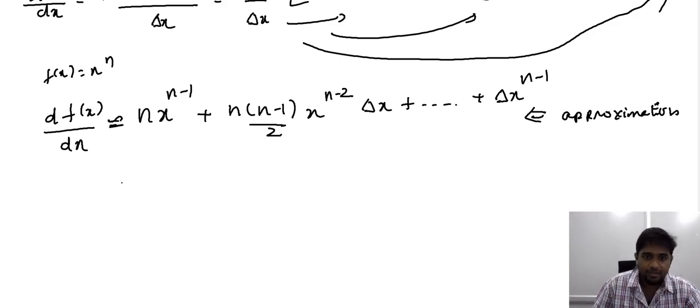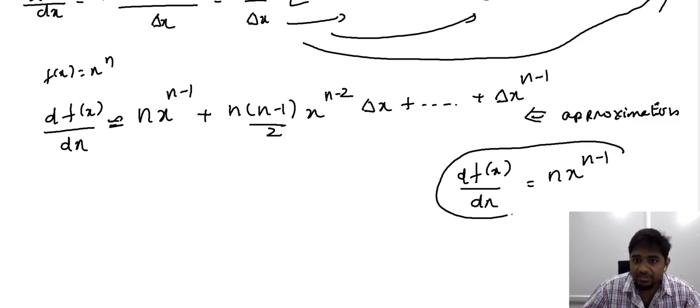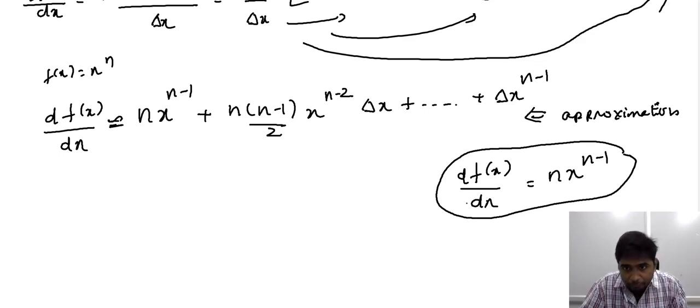Now we already know the derivative of our function is nothing but n x power n minus 1. So this is known to us. Since it is known to us, it is possible for us to compare this exact formula to the approximation that we have derived.